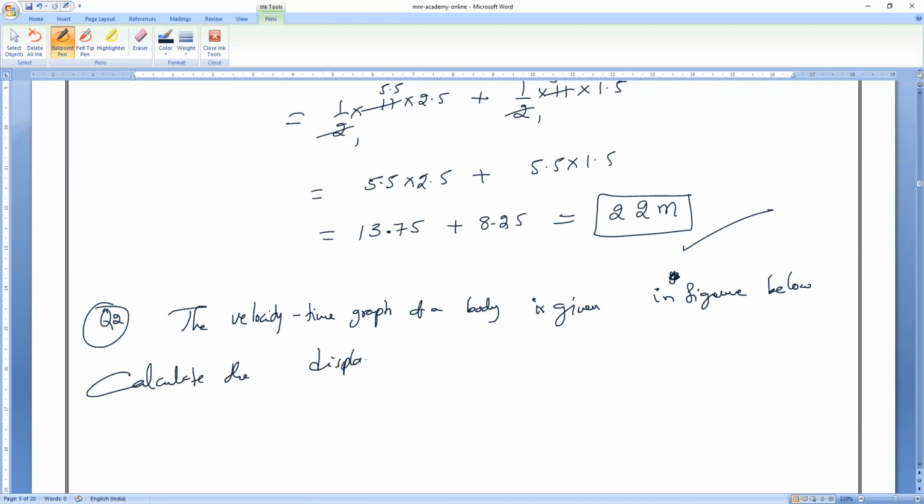Calculate the displacement covered in 8 seconds.